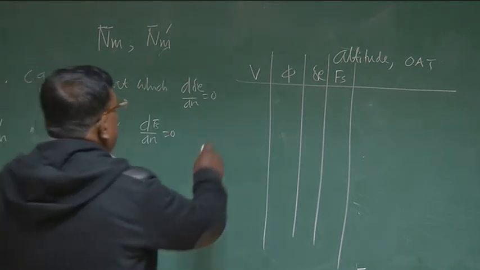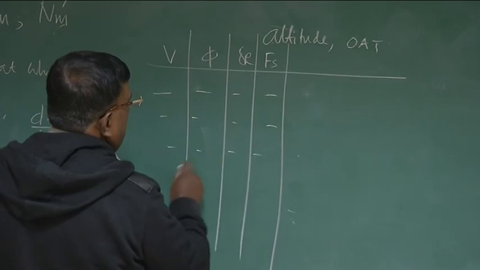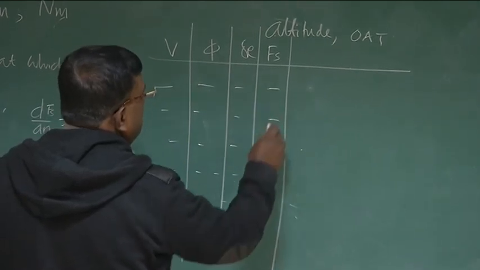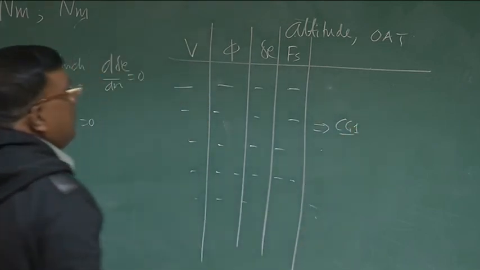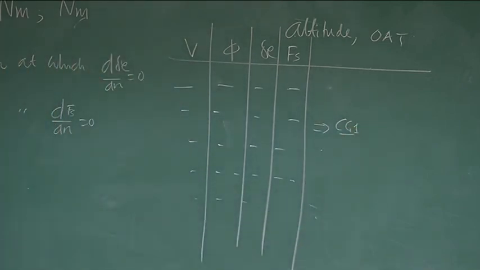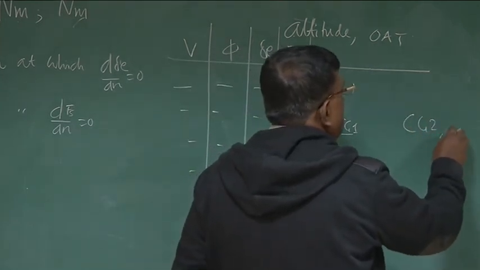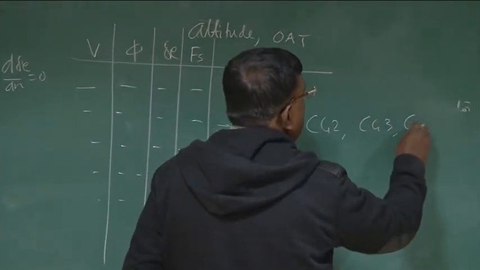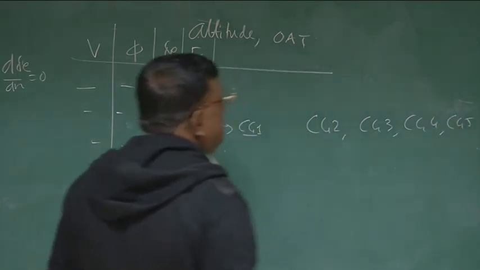Now, I have for different V these sets of values, right? For one batch, I say this corresponds to CG1. I repeat this same experiment for CG2, CG3, as I have been doing for other cases, a different combination. Clear?